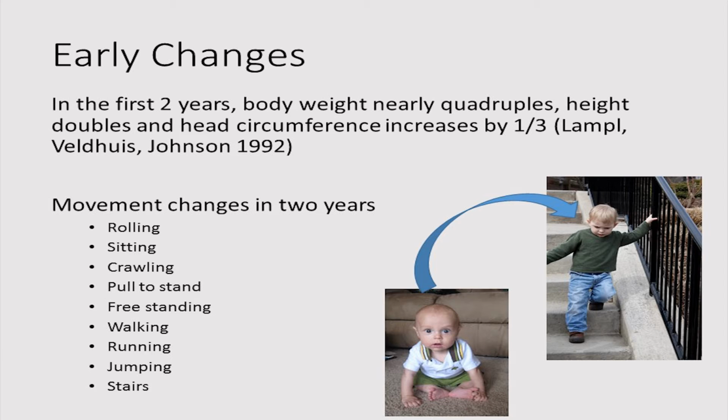There are a lot of anatomy and motor changes that happen in those first 2 years. In movement, we go from rolling, sitting, crawling, pulling to stand, cruising, running, jumping, doing stairs. Never in our lives again are we going to see the amount of changes that we see in the first 2 years of life from an anatomy or from a skill point of view.